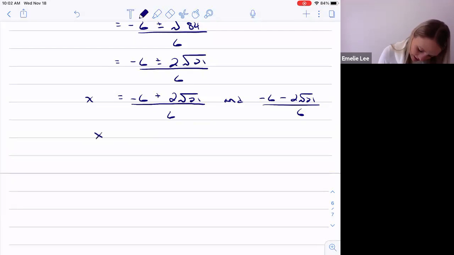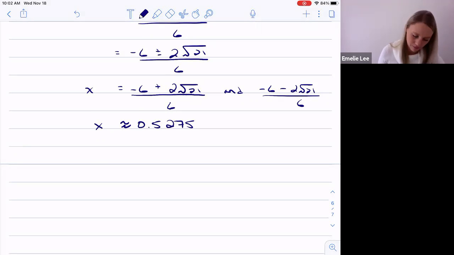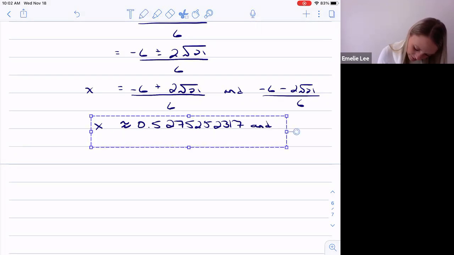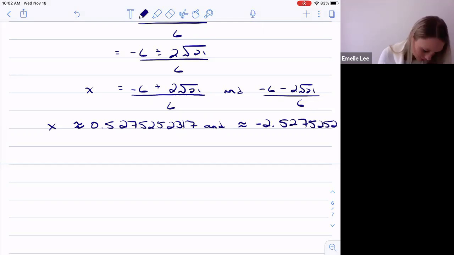So x is roughly equal to 0.5275252317. And if I do the same thing, negative 6 minus 2 times the square root of 21, end bracket, divided by 6, then I get roughly negative 2.527525232, but I ran out of space.